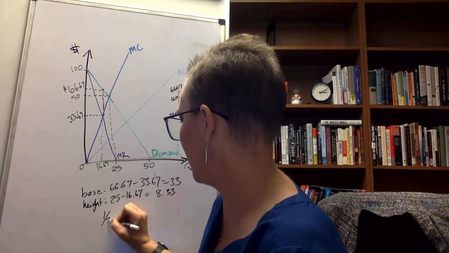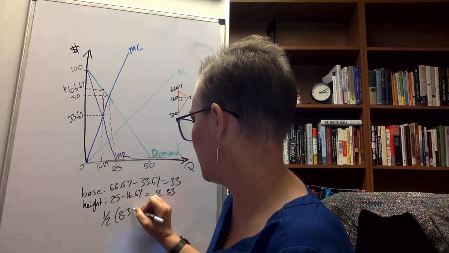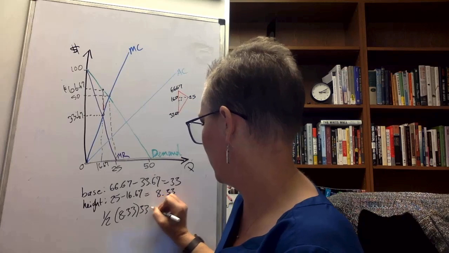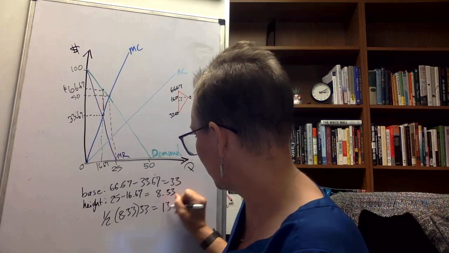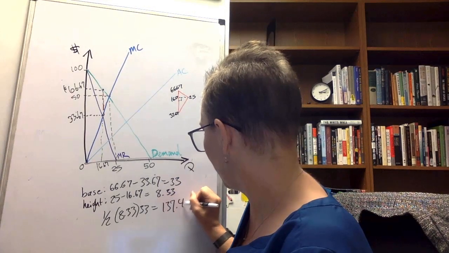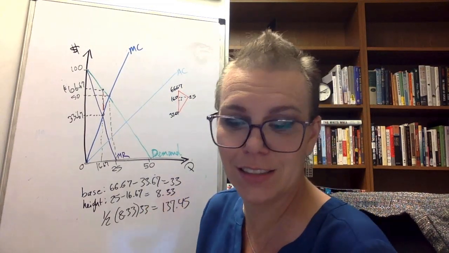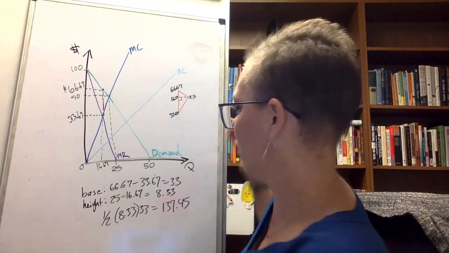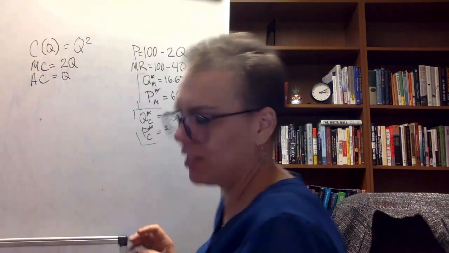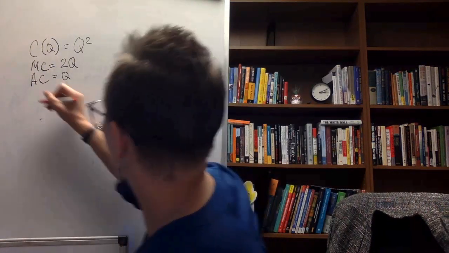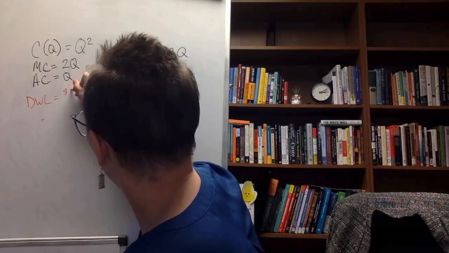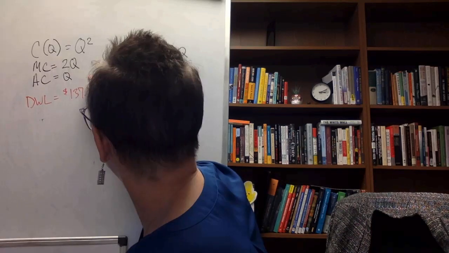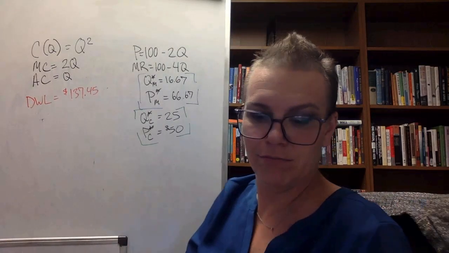So now 1/2 of base times height gives us an area of a triangle of approximately $137.45 of deadweight loss. Pretty exciting, right? All right, so I'll add this up here to our answers selection. So now we're going to say that the deadweight loss equals $137.45. Cool?